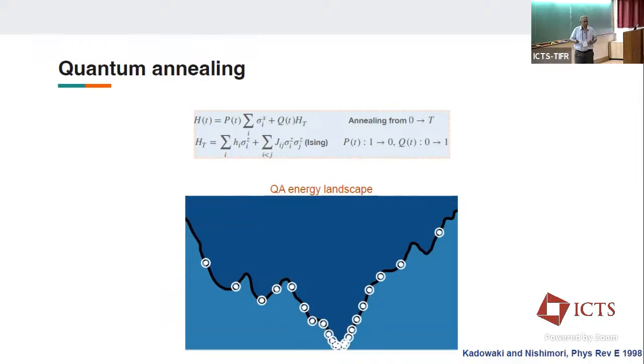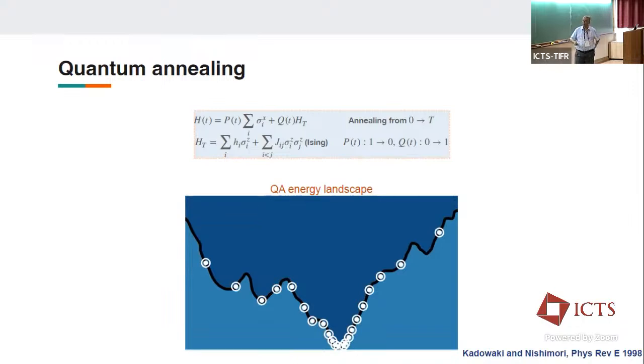Sorry, just one more clarification. Is there any relationship or constraint between P and Q? No. Except that initially P is 1, Q is 0, finally Q is 1 and P is 0.